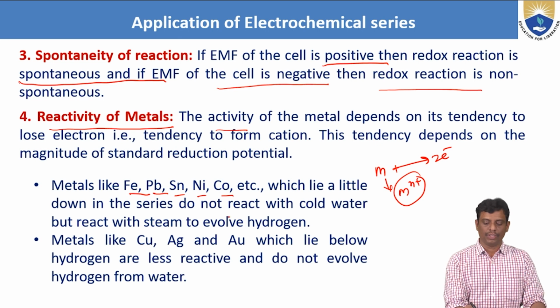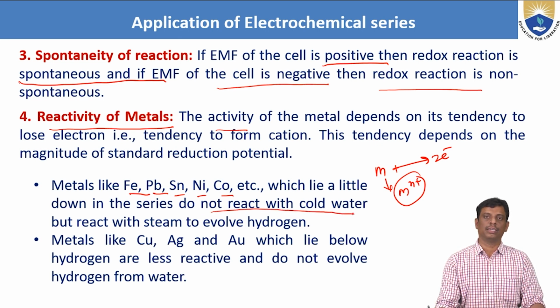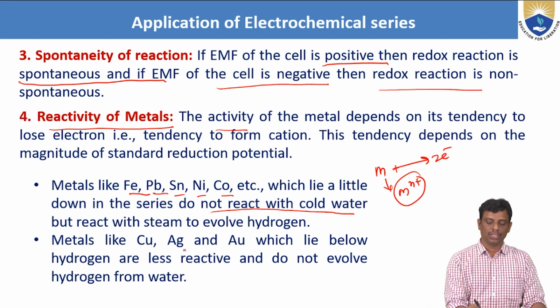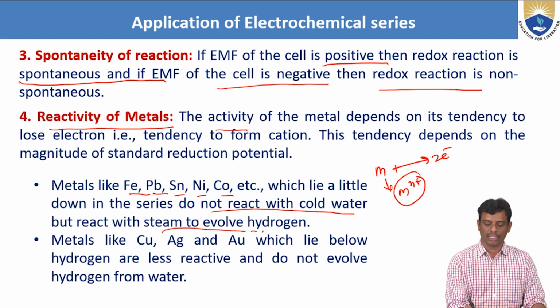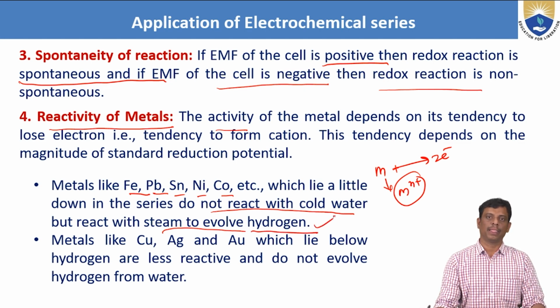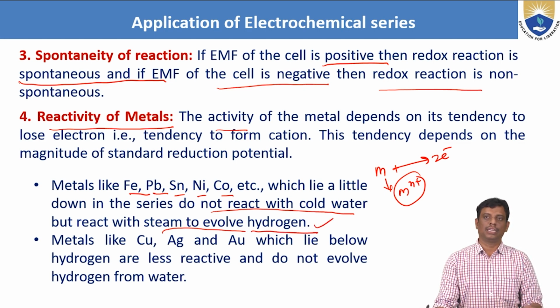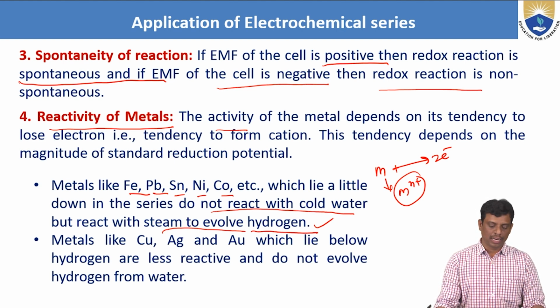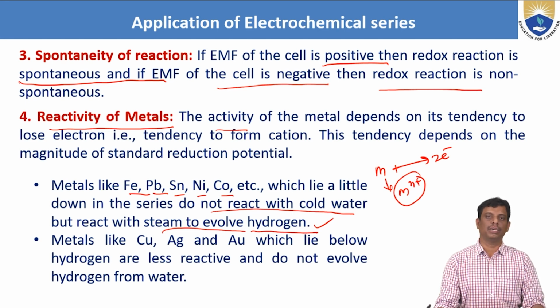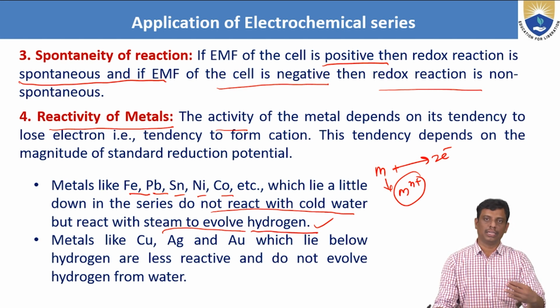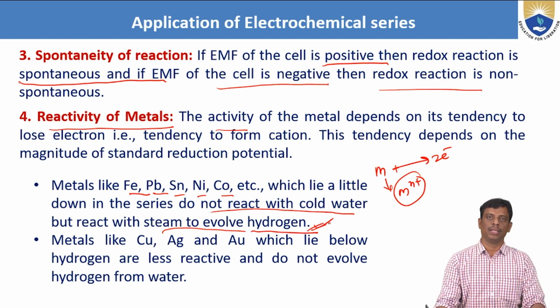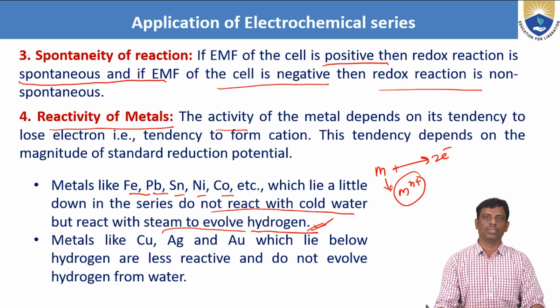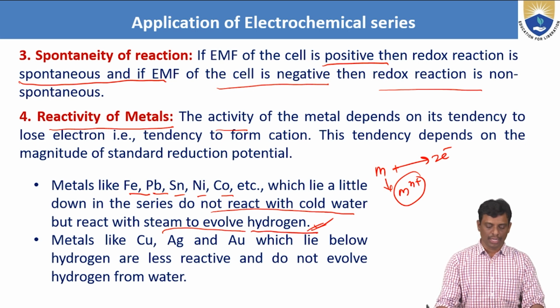They do not react with cold water, but they can react with steam at a higher temperature and evolve hydrogen. The reactivity of metals we can find out using this electrochemical series.